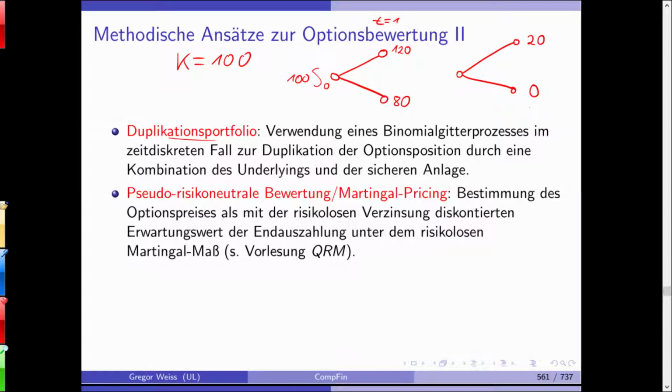Now we can also make some assumptions on the probabilities that the price will go up and go down, but we know that actually these are the 2 potential payouts of the option. And what we will do then is we'll just argue that obviously we are investing X in the underlying and Y in the risk-free rate.